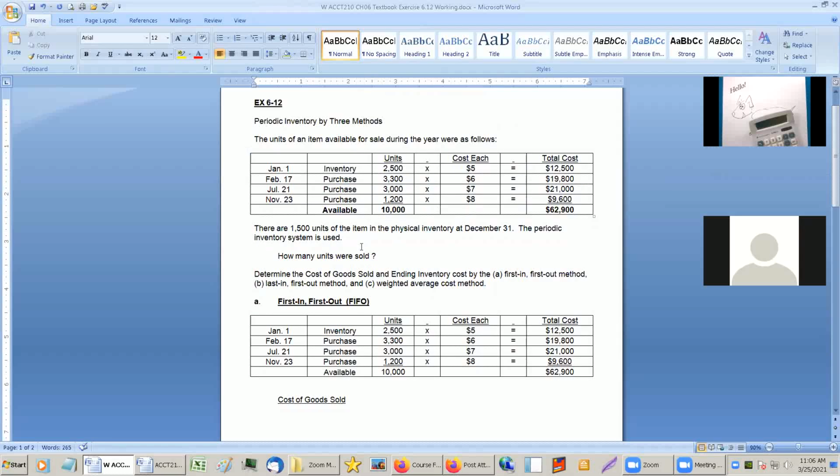Now, it comes to the sales. It says that there are 1,500 units of the item in physical inventory on December. So this is the ending inventory. They had 1,500 units.